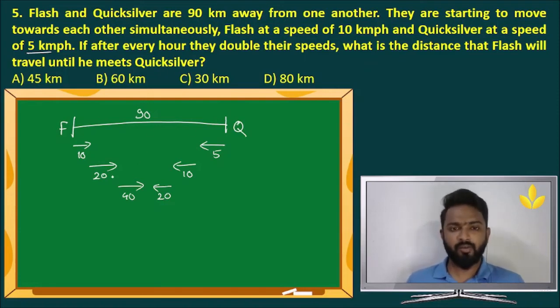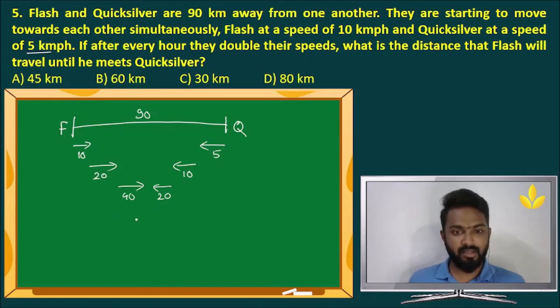Okay, now you don't need to calculate too much over here. You can use a little bit of smart guessing to get the answer. Here is the thing. At every hour, if you notice, Flash's speed is double of Quicksilver's speed. 10, 5, 20, 10, 40, 20. Flash's speed is always double of Quicksilver's speed. That means the distance traveled by Flash is always the double of Quicksilver's distance, right?